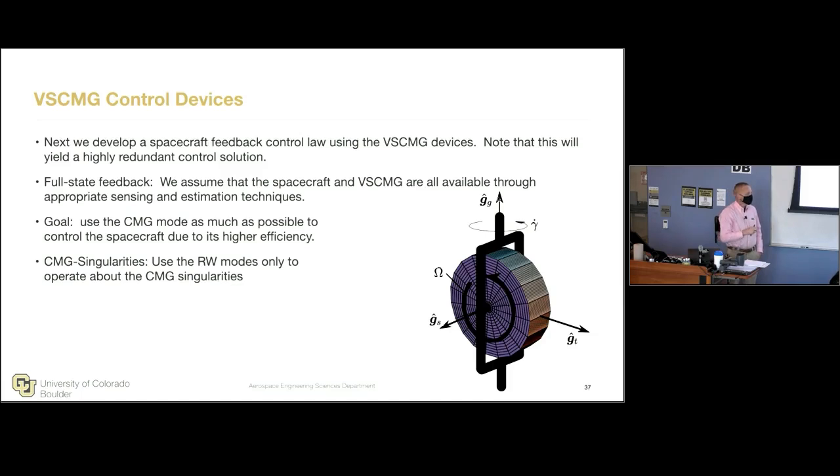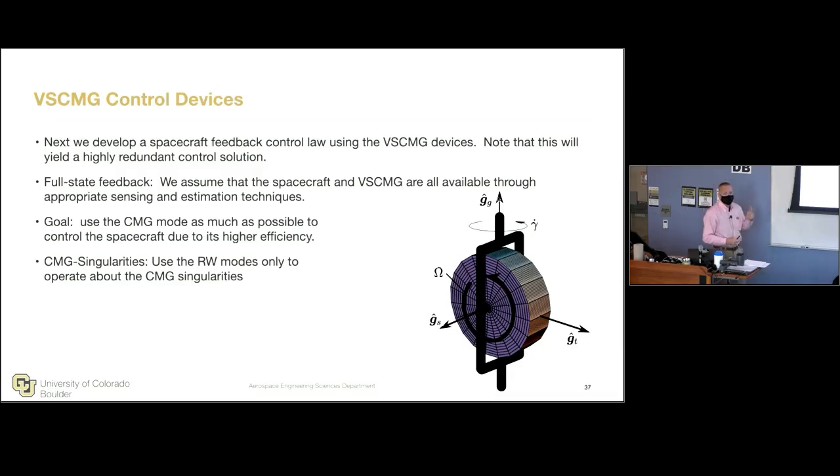So the CMGs take advantage of that as you gimbal this wheel, it's going to create a huge gyroscopic term. And unlike the reaction wheel controls, which have no other option but to feedback compensate for their own, their wheels are rotating because the spacecraft is rotating. And you just have to compensate and have big enough torques to be able to compensate.